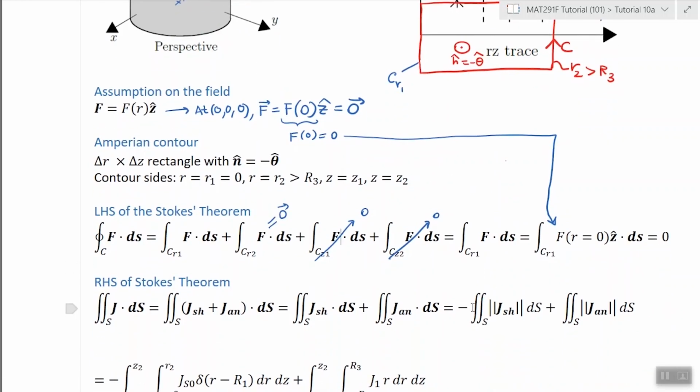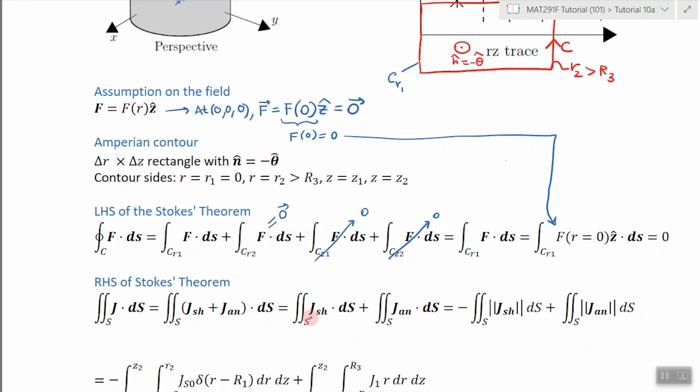Then on the right-hand side, we have an integral of the total current density, the one coming from the sheet and from the annulus. We can break it up into 2 flux integrals here.